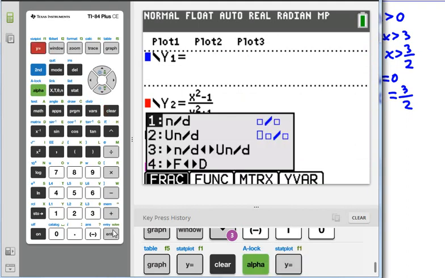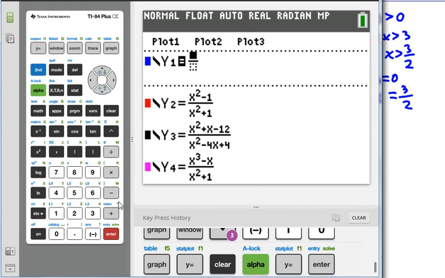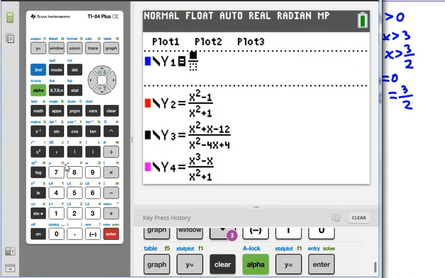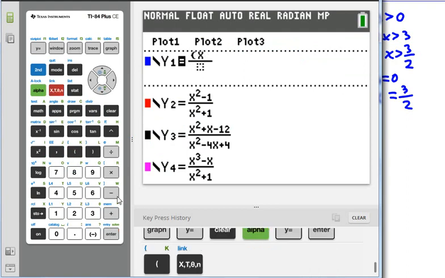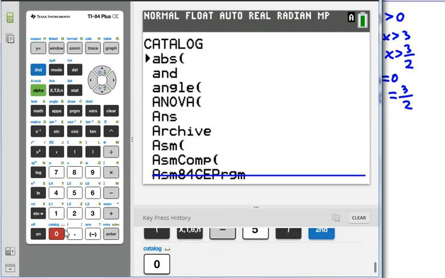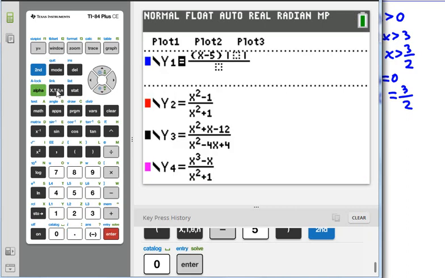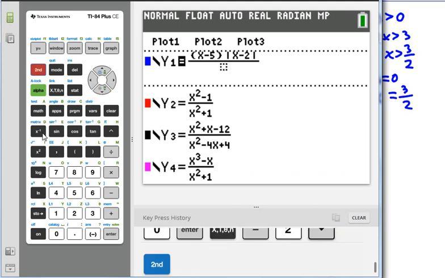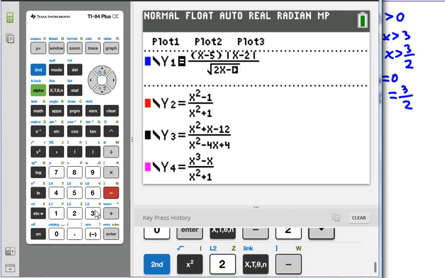Okay, we have x minus 5 times the absolute value of x minus 2 over the square root of quantity 2x minus 3, and then we graph and see where this one leads.